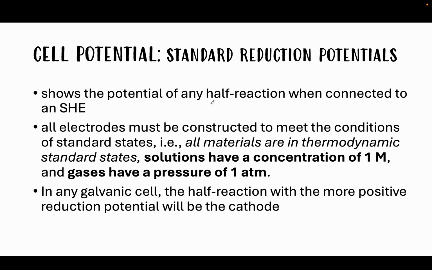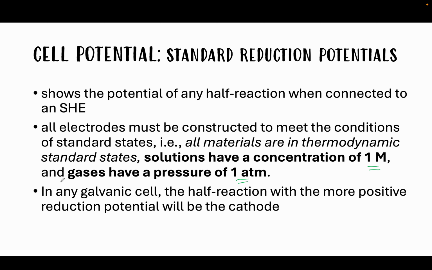There are different conditions that must be met by the electrode so that we can consider standard reduction potential. First, solutions must have a concentration of 1 molar, and gases must have a pressure of 1 atmosphere. If the concentration of the solution deviates, that is already non-standard.